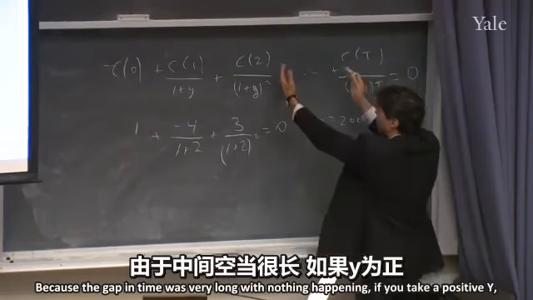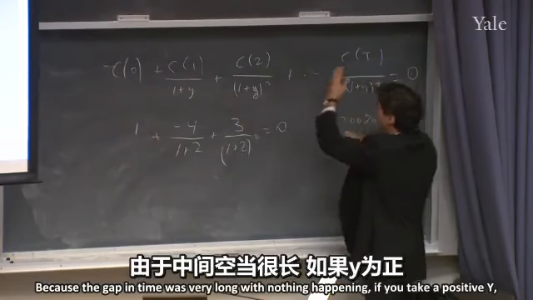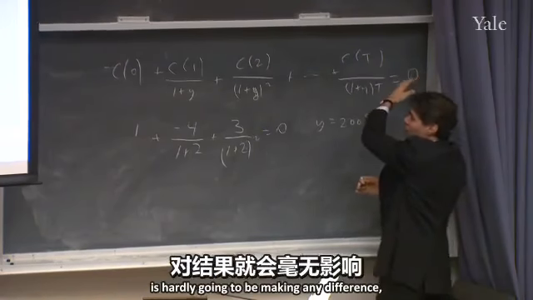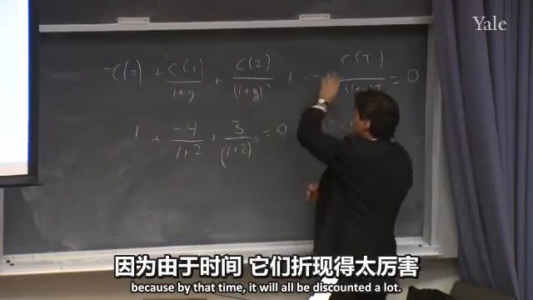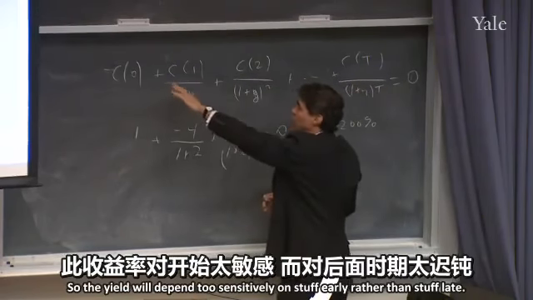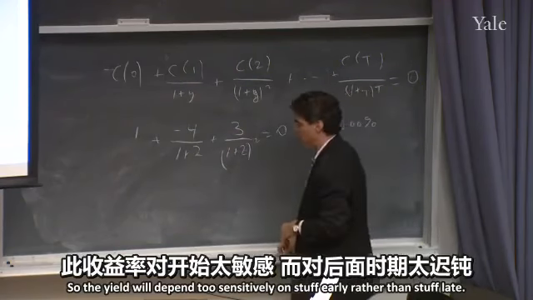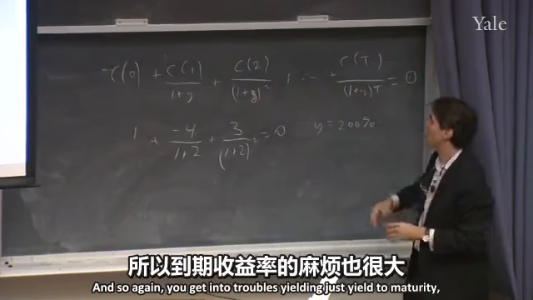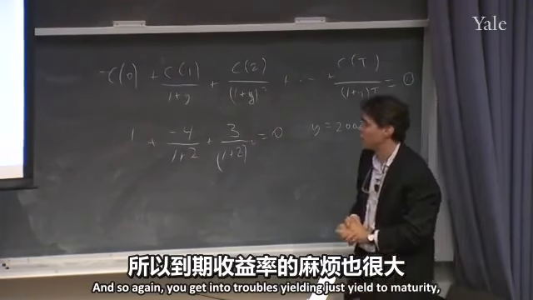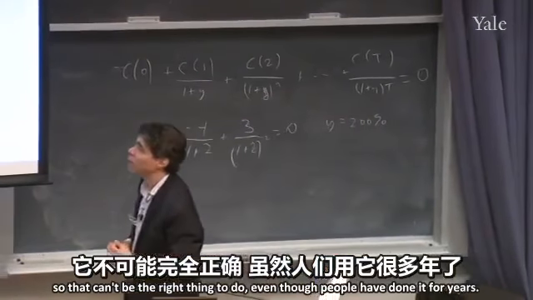Well, because the gap in time was very long with nothing happening, if you take a positive y, the stuff that happens in the second incarnation of the fund is hardly going to be making any difference, because by that time it'll all be discounted a lot. So the yield will depend too sensitively on stuff early rather than stuff late. And so, again, you get into trouble with yield to maturity. So that can't be the right thing to do, even though people have done it for years.